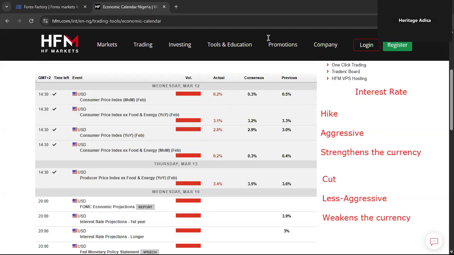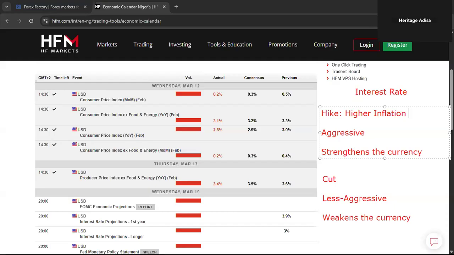The most important thing for us to note is the only thing that most likely leads the central bank to hike interest rates. Naturally, it is a defense system to higher inflation. When inflation goes up, the central bank defense system to higher inflation is to naturally increase interest rate.